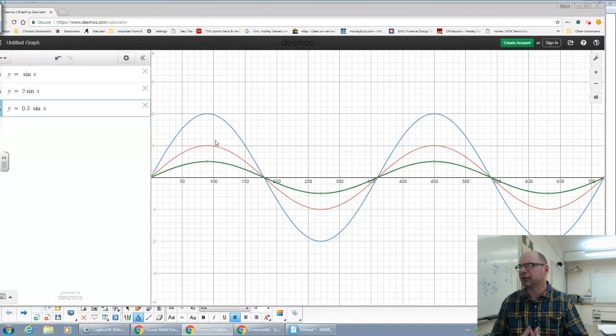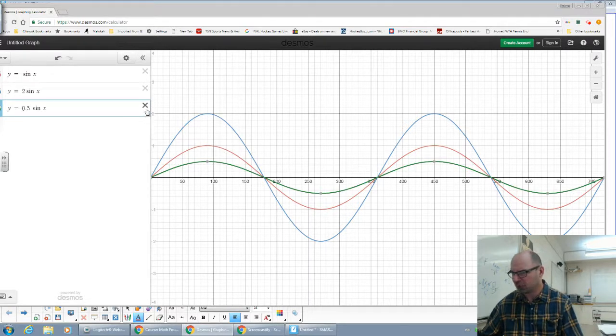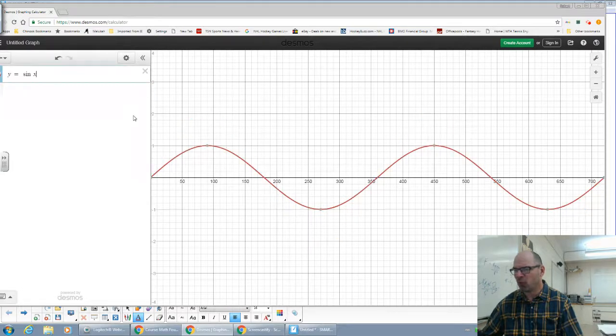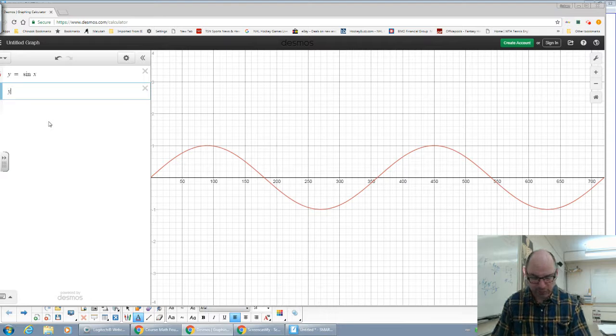Now, what do you suppose happens if I throw a negative in there? Instead of 2, I'll put -2 in. So let's erase these other 2 here. Let's keep the sine graph there. And let's type in y equals -1 sine x, or just negative sine x.